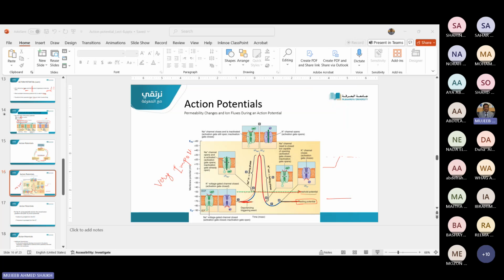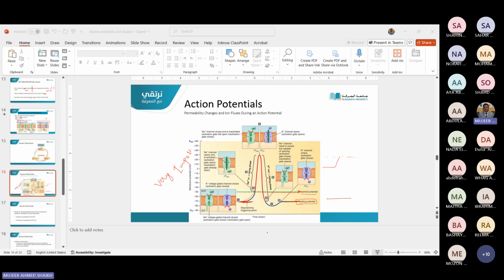One more thing related to action potential is that it obeys a law which is known as the all or none law. What is the all or none law? Either there will be an action potential or there will be no action potential. There cannot be a small action potential or a big action potential or a very big action potential.